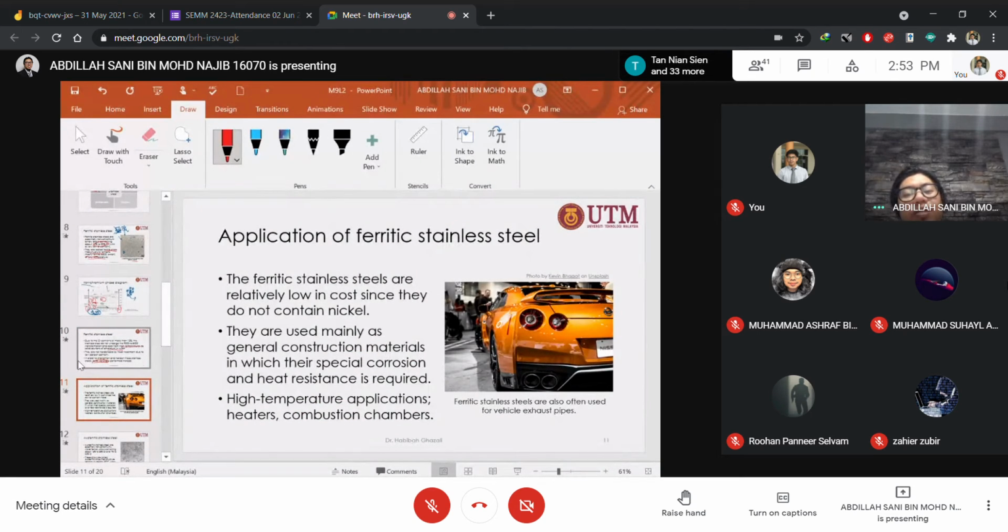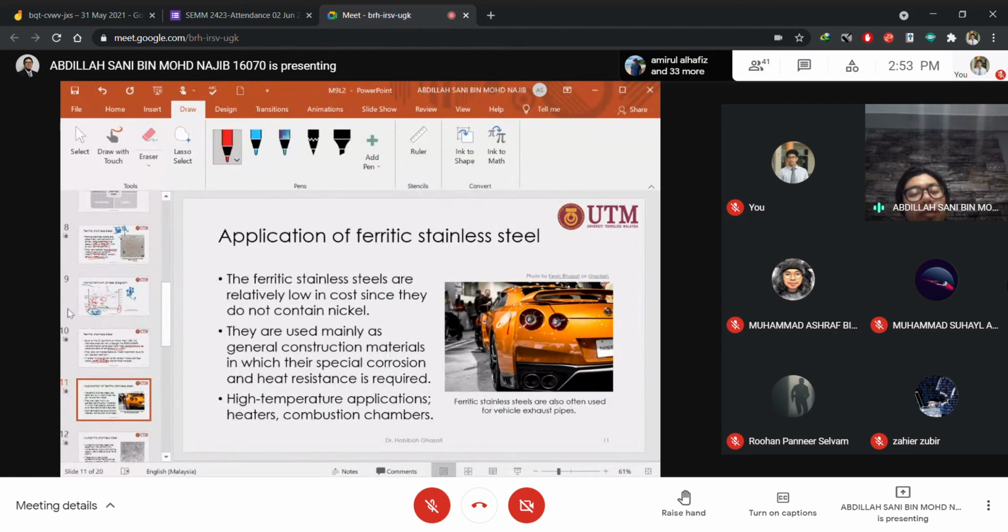Application of ferritic steel: ferritic steels are relatively low in cost since they do not contain nickel. Nickel is costly, so chromium is the main element. They are used mainly as general construction material where special corrosion and heat resistance is required.